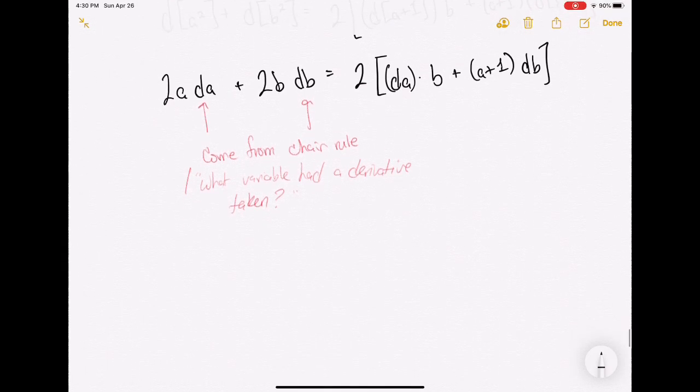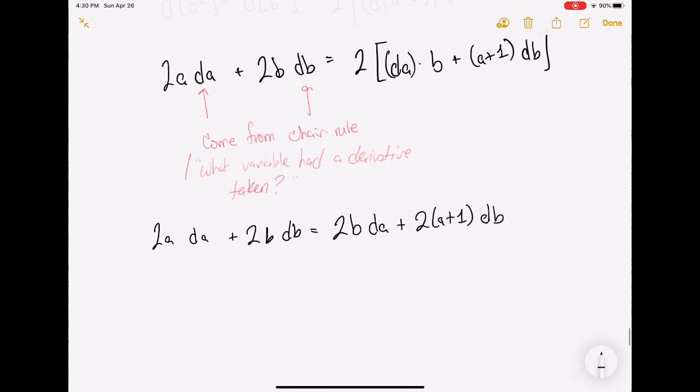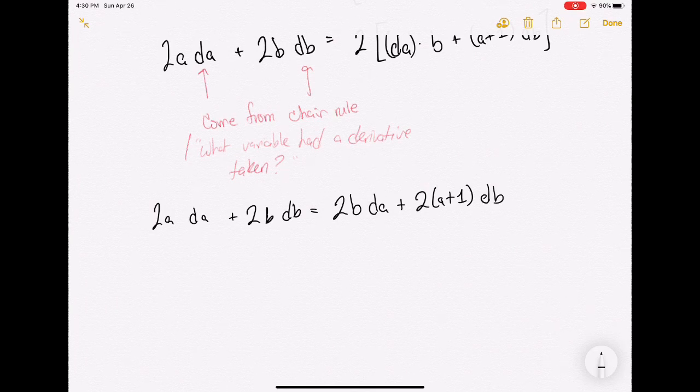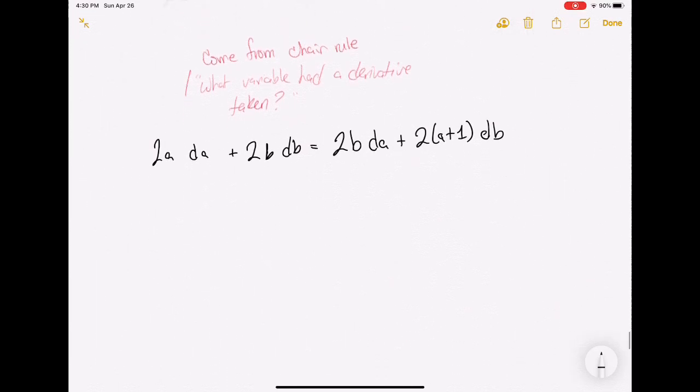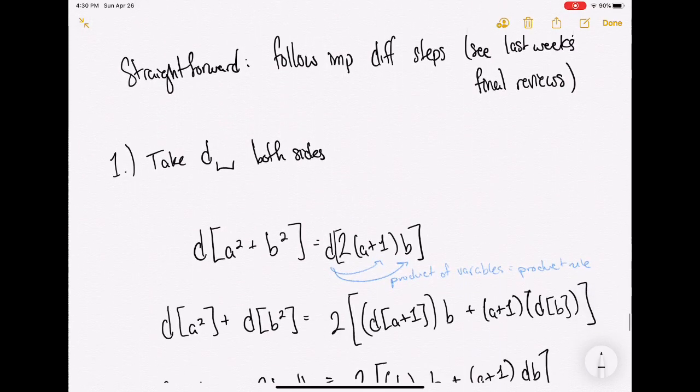Maybe I'll write this out one more way where it looks a little bit prettier for us to actually work with: 2a dA plus 2b dB equals 2b dA plus 2a plus 1 dB. That's the way I'll write it. Step 1, take d of both sides.